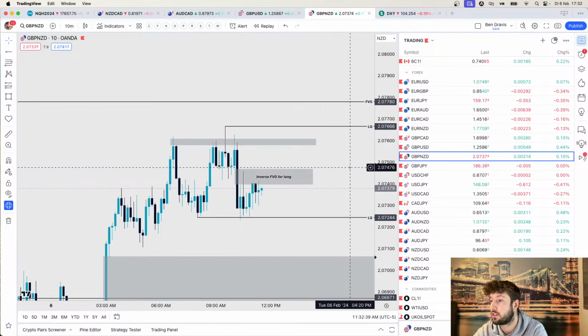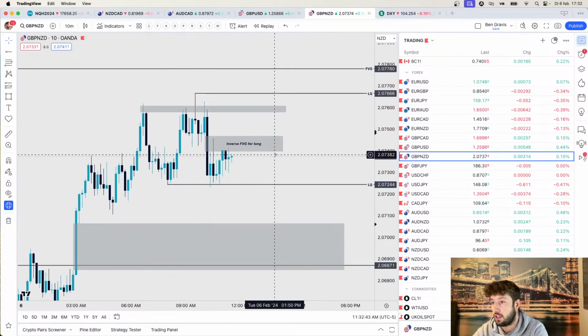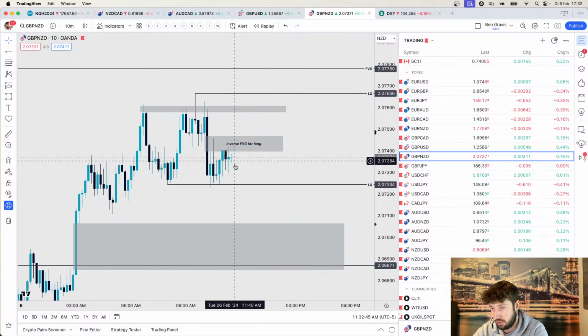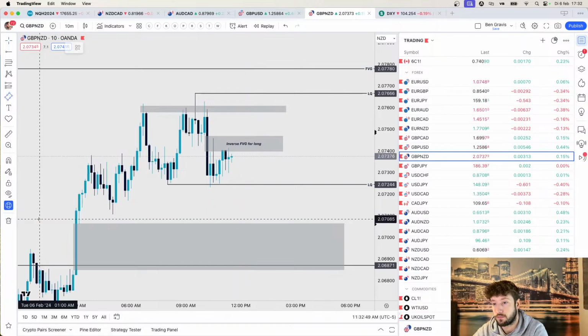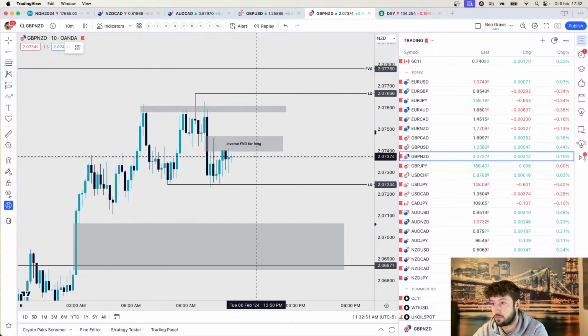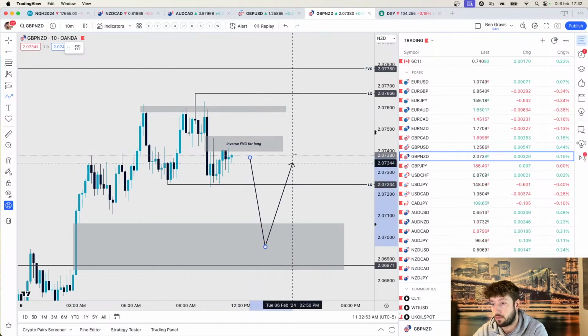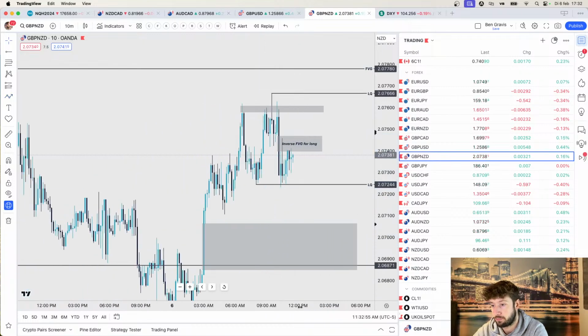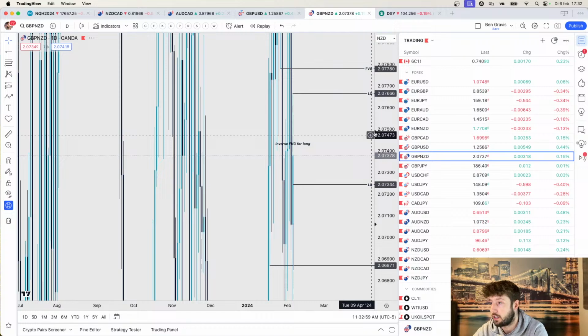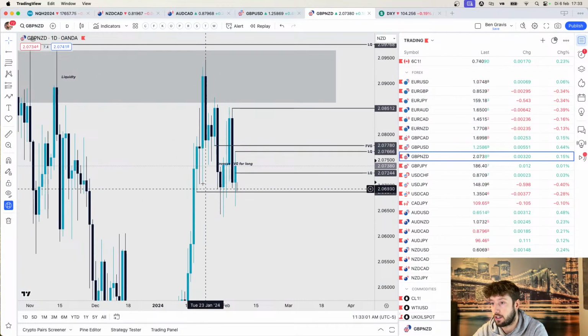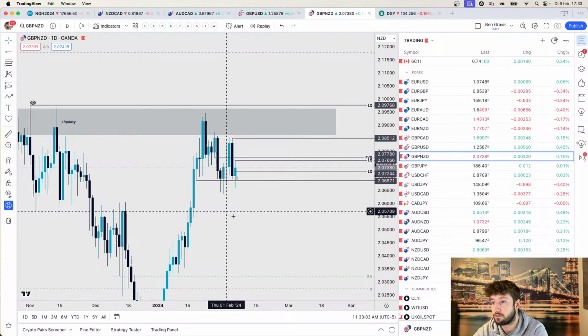So just going to place an alert here. And if it drops, then I'm looking for a long in here. Something like this. It's because the daily did take some liquidity here.